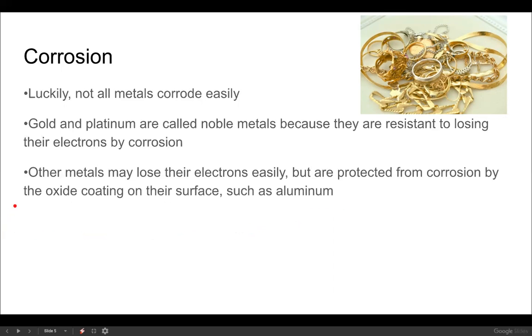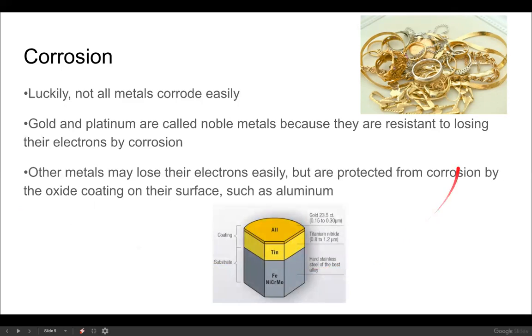It doesn't corrode. Now, for the jewelry you see up here, something pretty cool is happening. We have other metals such as tin, iron, and nickel underneath a gold layer. And the reason why we don't just have material made from pure gold is that gold is an exceptionally soft metal. And what happens is that metal can be easily imprinted on or damaged.